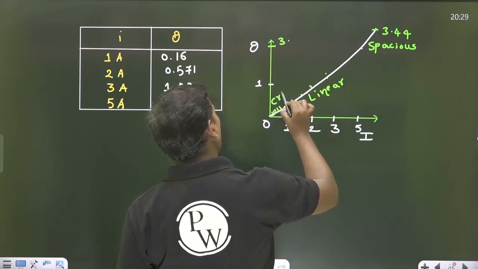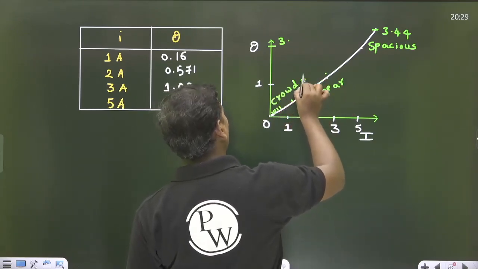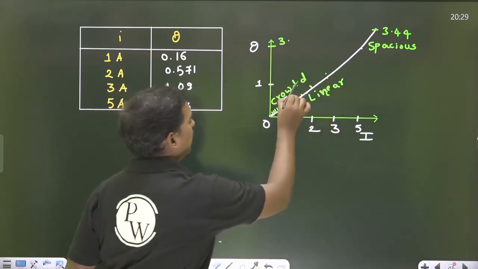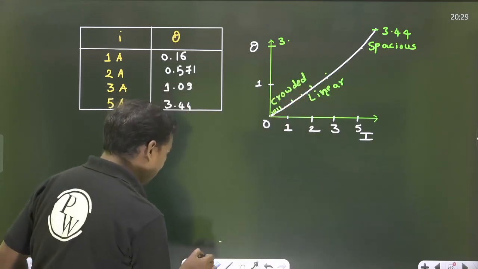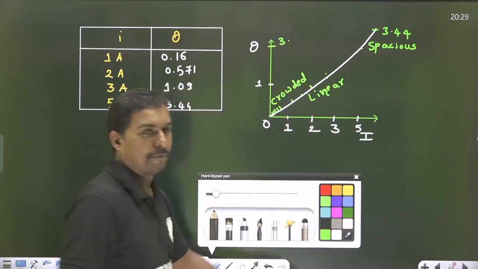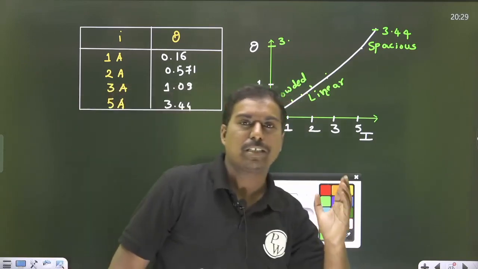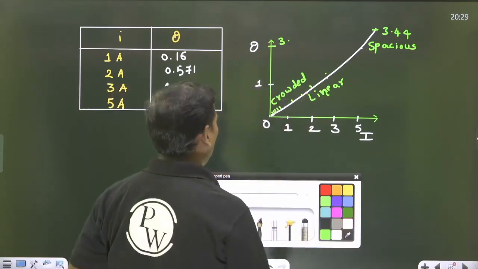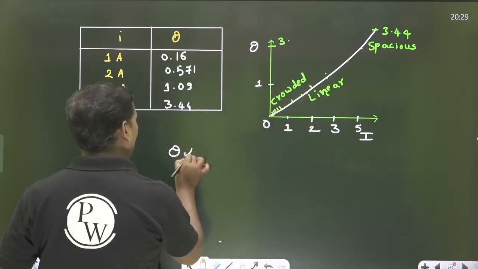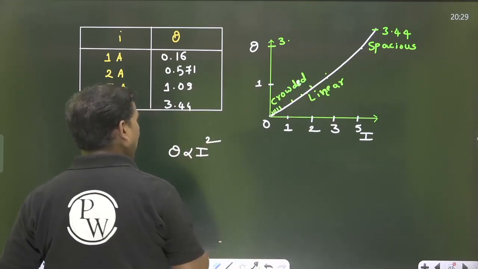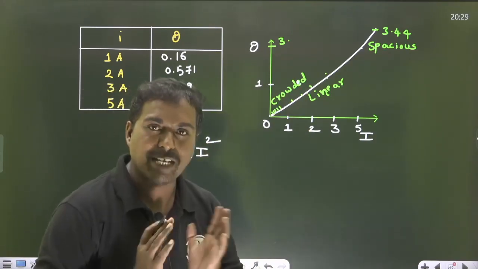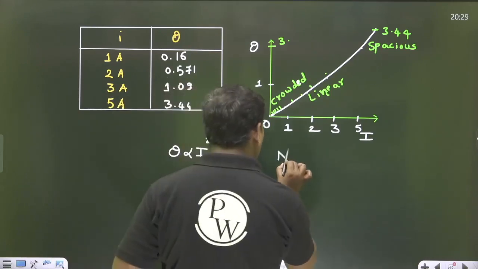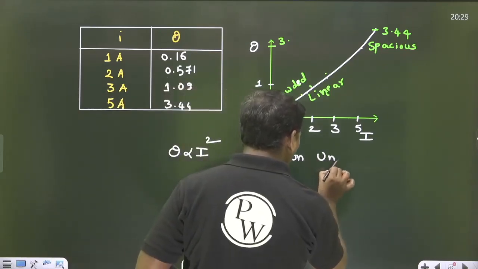Here the readings are somewhat crowded. So the scale is not a uniform scale. This is what we call theta proportional to I square. So comparatively, in PMMC, this is a non-uniform scale. What is the scale? A non-uniform scale.